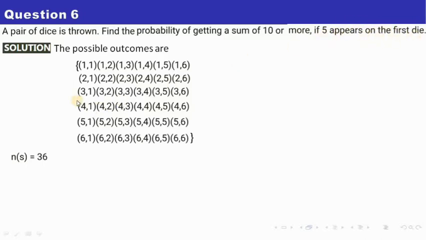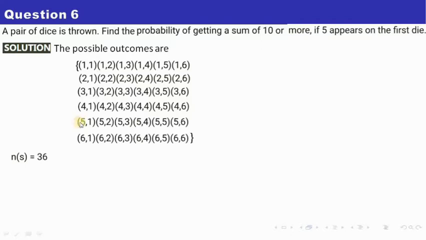So basically we have to discard these many cases, because we cannot have 6 on the first die. In this case we have got 4 on the first die, in this case 3, in this case 2, and in this case 1. So only in this row do we have to look for the pair which gives me a sum of 10 or more than 10.